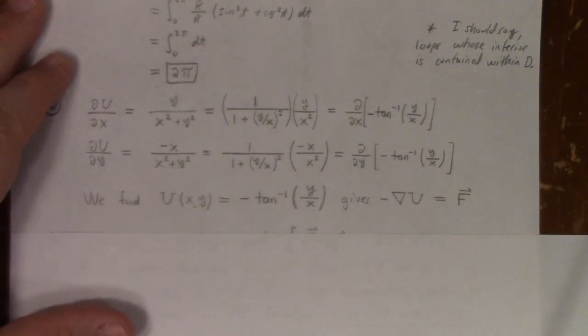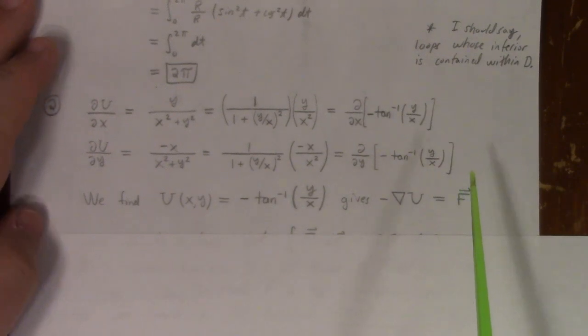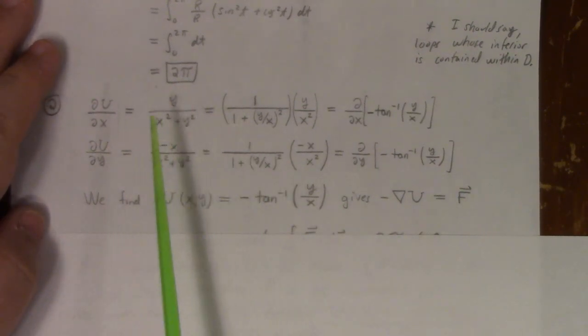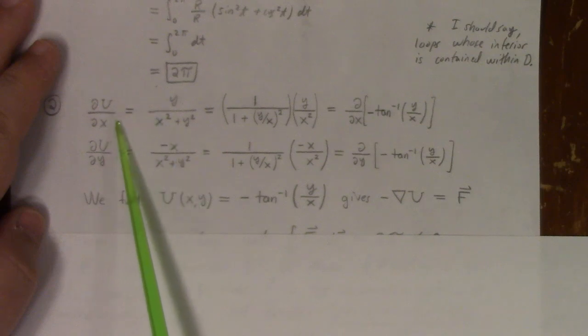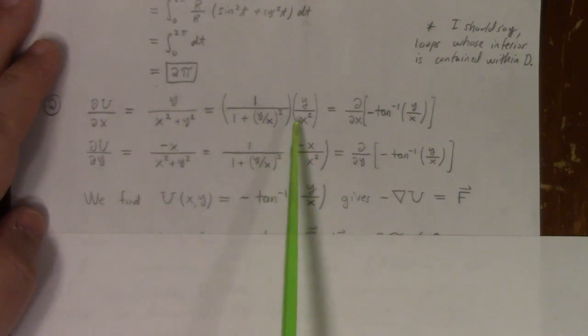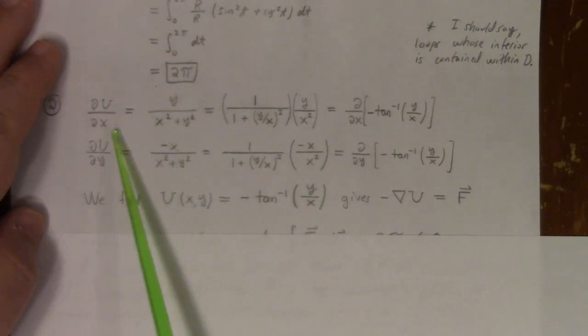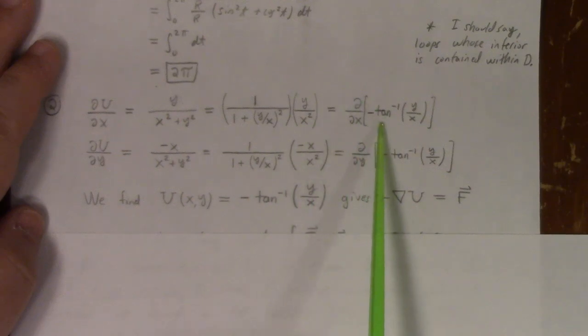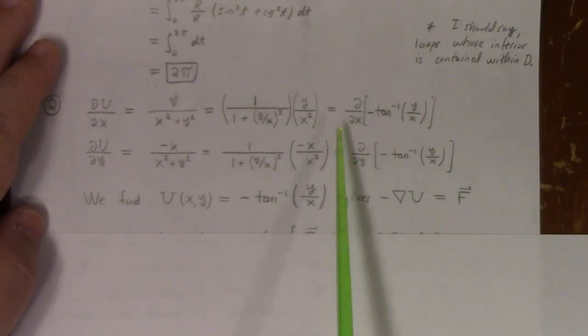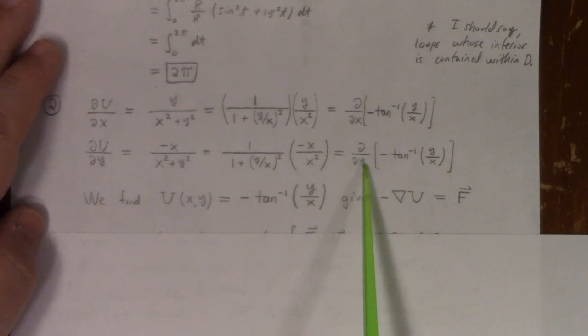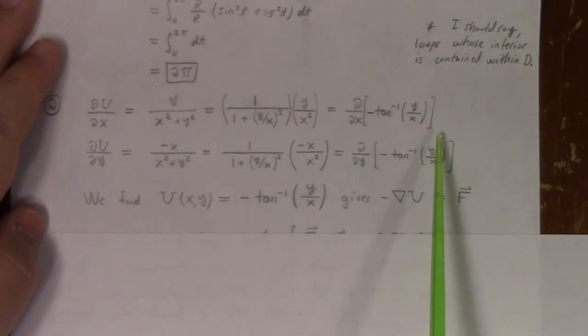Potential energy function, give or take a sign or something, but if you do the integration, like basically just partial integrate with respect to x, if you tilt your head and squint, you can see that this is the partial derivative of inverse tangent of y over x. And this is the partial derivative with respect to y of inverse tangent of y over x.